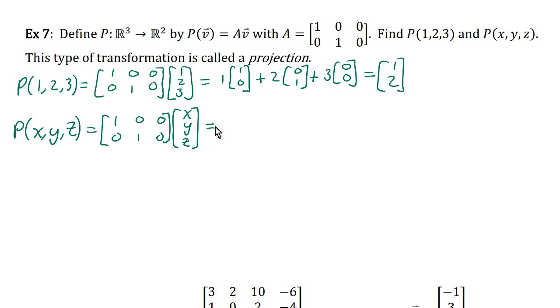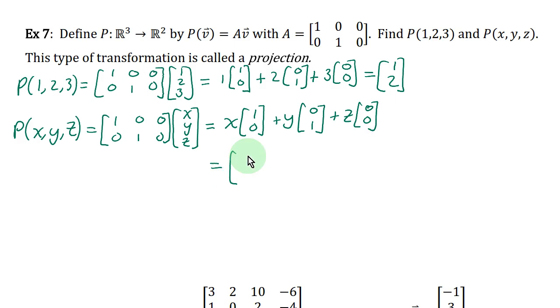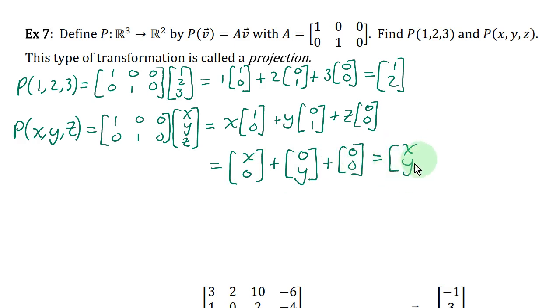And the x times the 1, 0, plus y times 0, 1, plus z times the 0 vector is just going to make it go away. So I'll show an extra step this time, for no good reason, so that you see when you add these vectors up, you get x plus 0, and then 0 plus y plus 0 is the point xy.